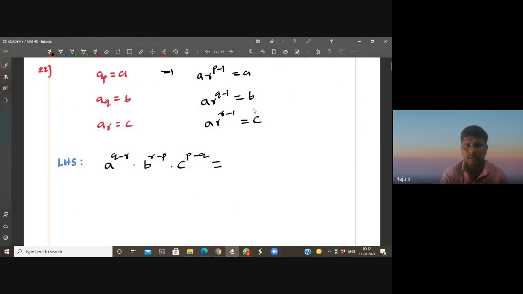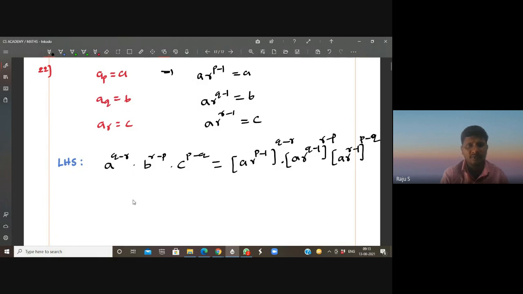I want to substitute the values of a, b, c, which are already given. A R to the power of p minus 1, all to the power of q minus r, and b to the power of r minus p, that is A R to the power of q minus 1, all to the power of r minus p, and A R to the power of r minus 1, all to the power of p minus q.